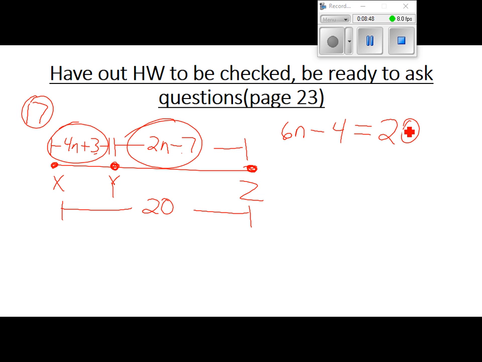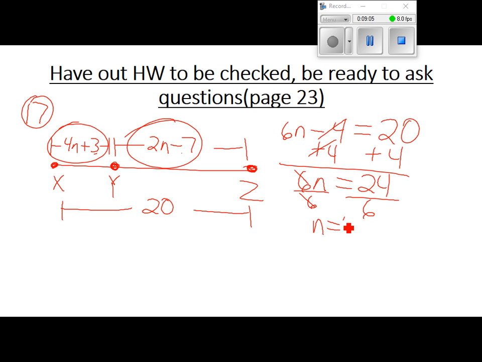Again, point here for drawing this picture, point for setting up the equation correctly, another point for solving it correctly. Those cancel. If I do something wrong, somebody please tell me. Is that correct?